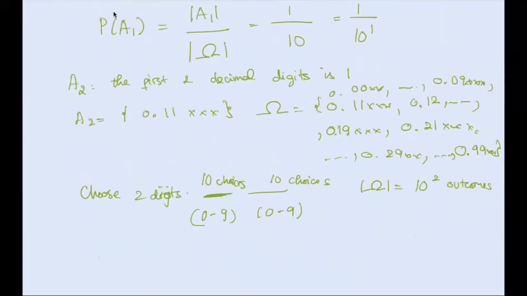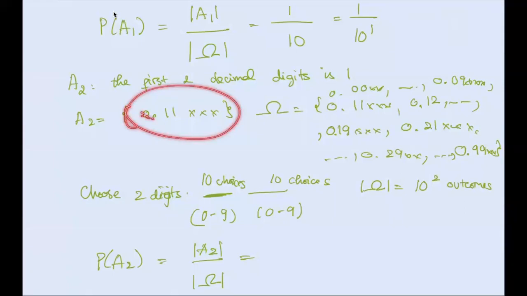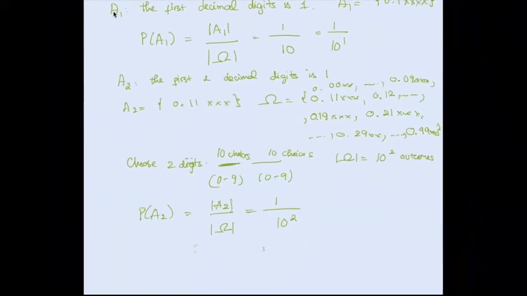Then you will have probability of A2 is cardinality of A2 over cardinality of the sample space. And A2 only has the number like this. So you have 1 divided by 10 to the power of 2. And then you can generalize it because the sample space, when you choose n digits, which means you would have n digits in total.